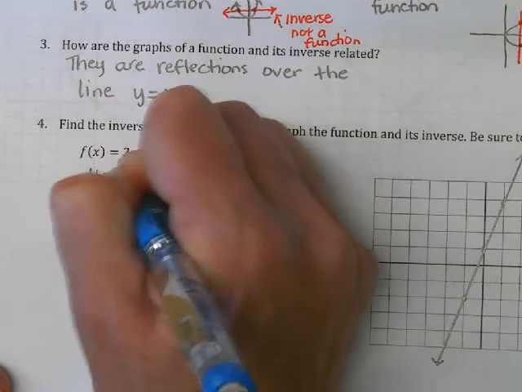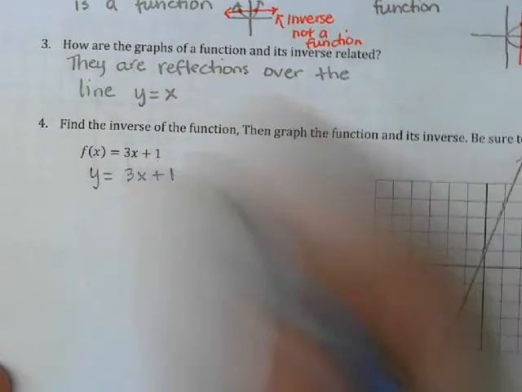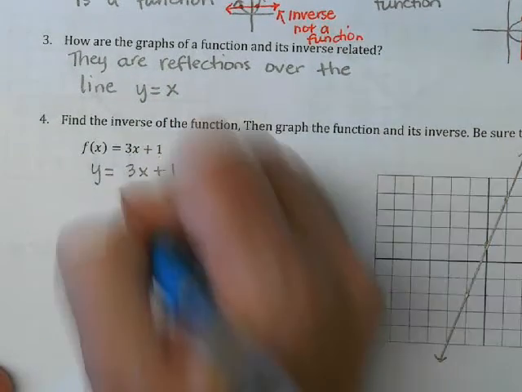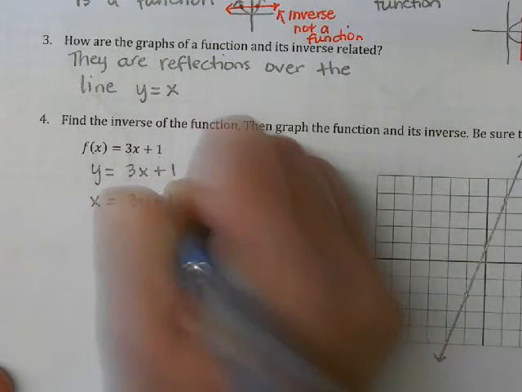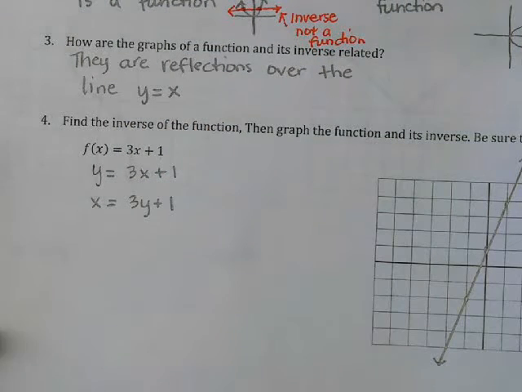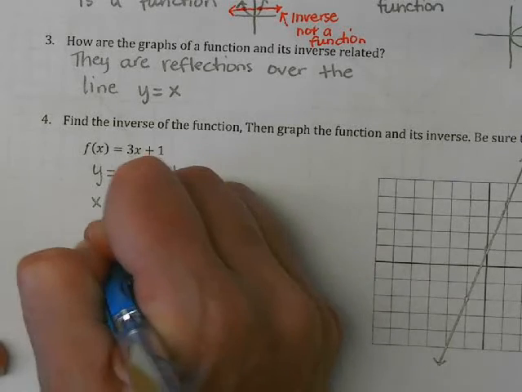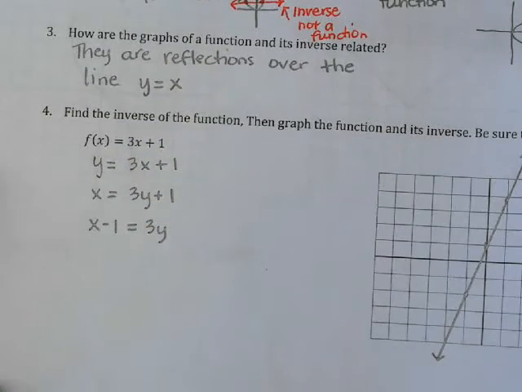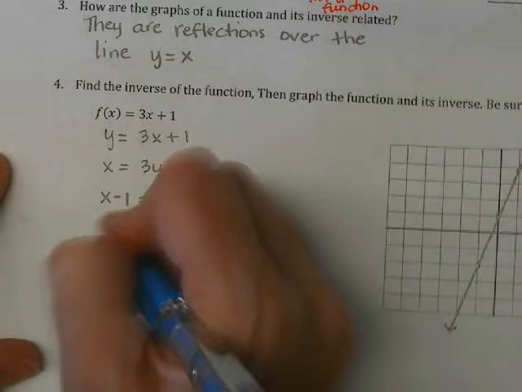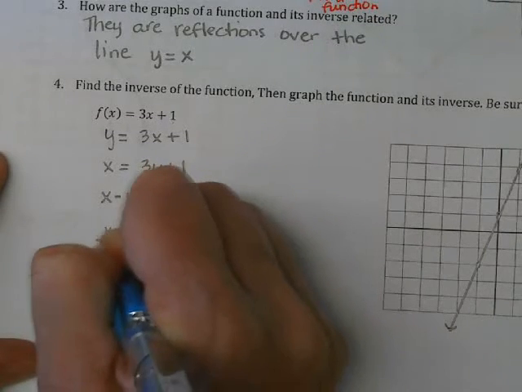I'm going to go y equals 3x plus 1, and then I'm going to switch x and y. Then I have to solve for x. I'm going to subtract 1 from both sides, and then I'm going to divide everything by 3, so I'm going to do each piece by 3.